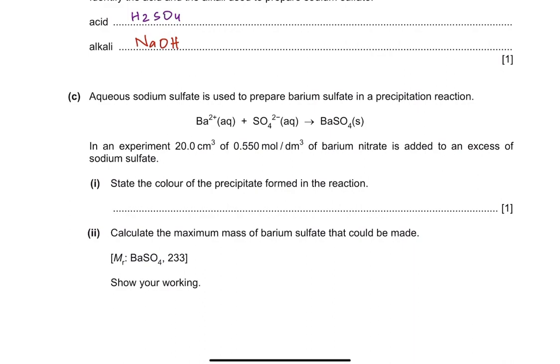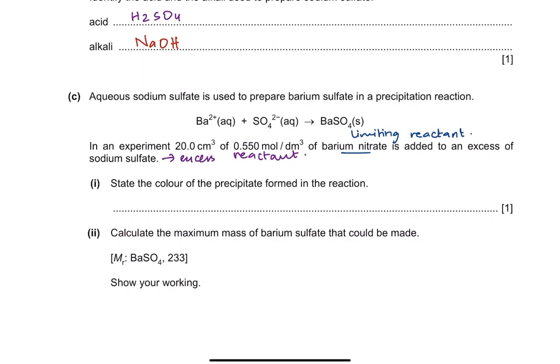It means that sodium sulfate is the excess reactant, so the product does not depend on this, but barium nitrate is my limiting reactant, and the limiting reactant defines how much product I will get. So sodium sulfate is the excess reactant, barium nitrate is the limiting reactant.